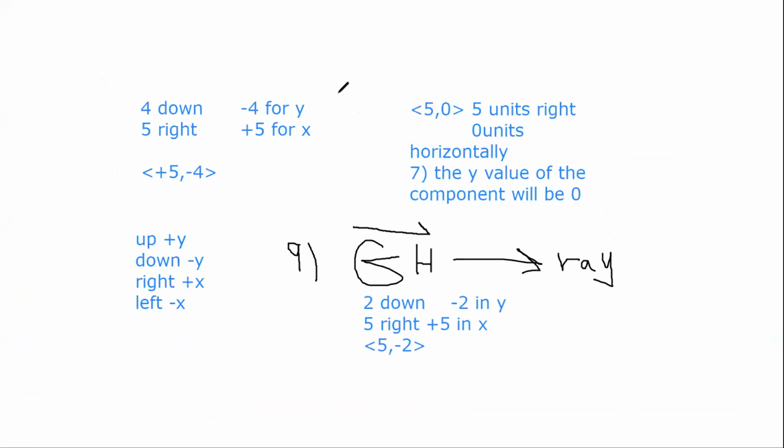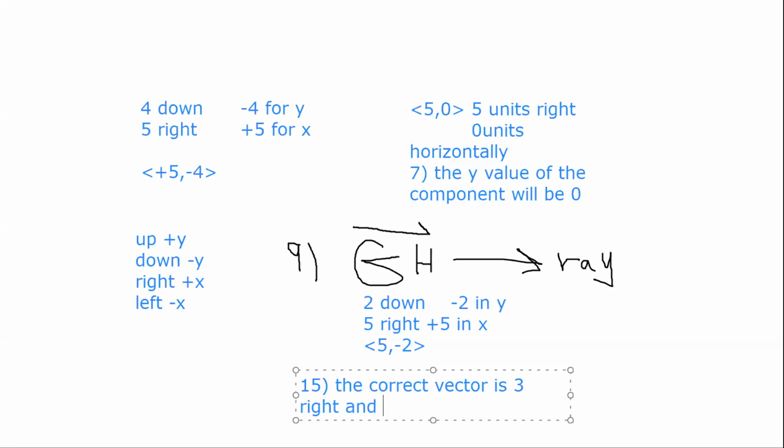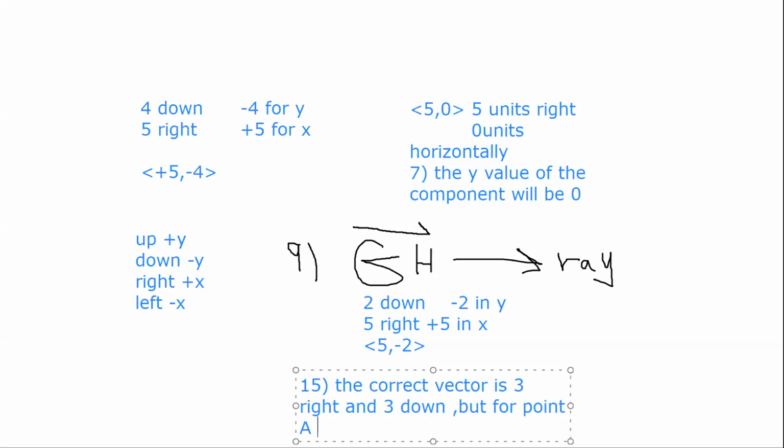I'm going to tell him, for example, for question 15, the correct vector is 3 right and 3 down. But for point A, he only moved 2 points down. So this was his mistake. Okay.